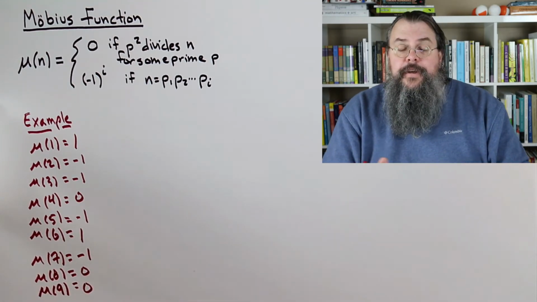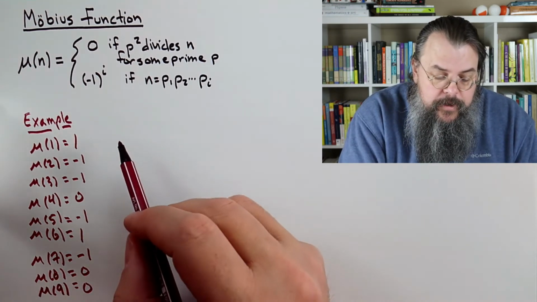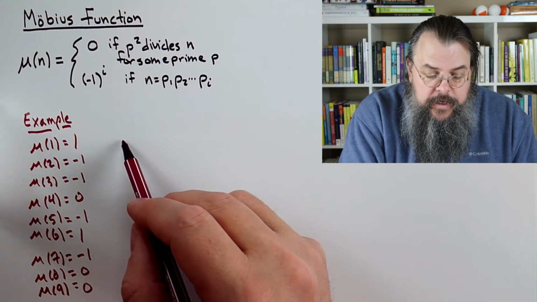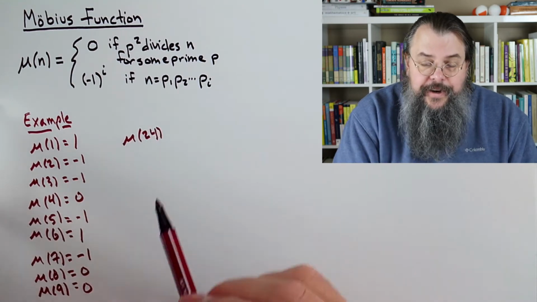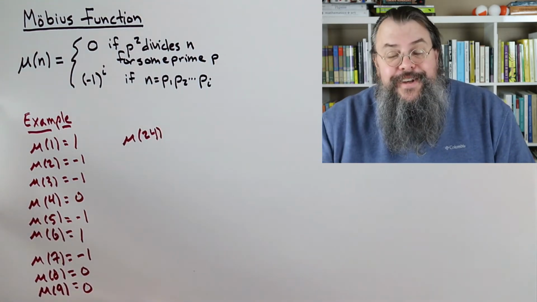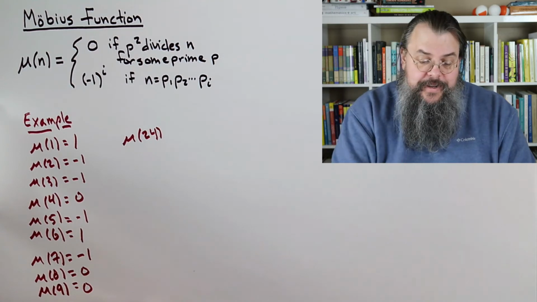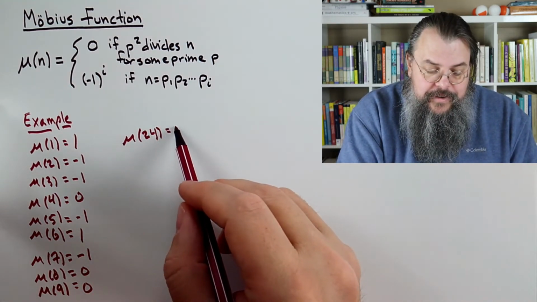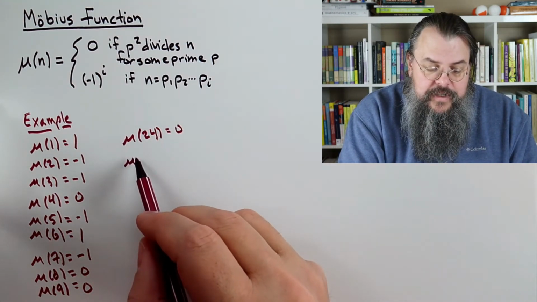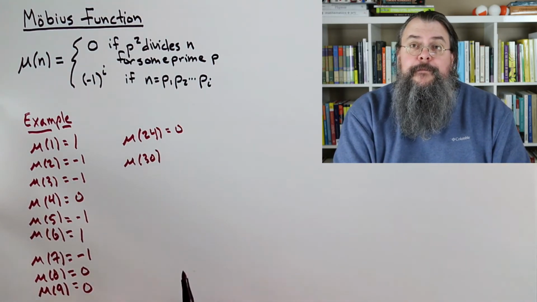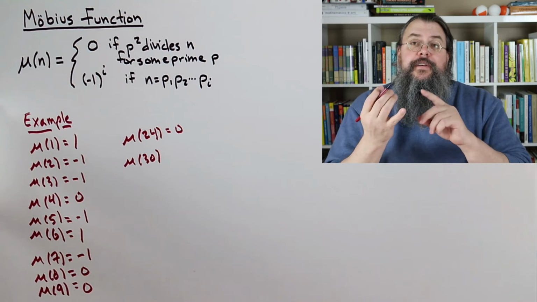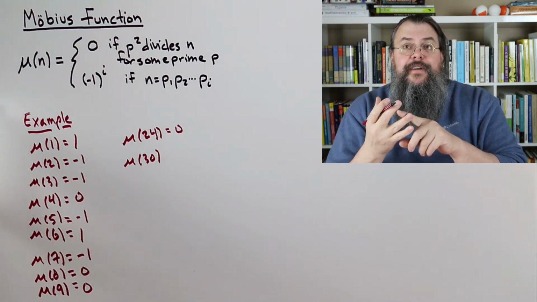All right, are we convinced? Well, how about, let's try some bigger numbers. 24. All right, well, okay, 4 divides that, 2 squared. All right, it's out, 0. How about, say, 30? What would that be? Well, what divides 30? 30 is 2 times 3 times 5.